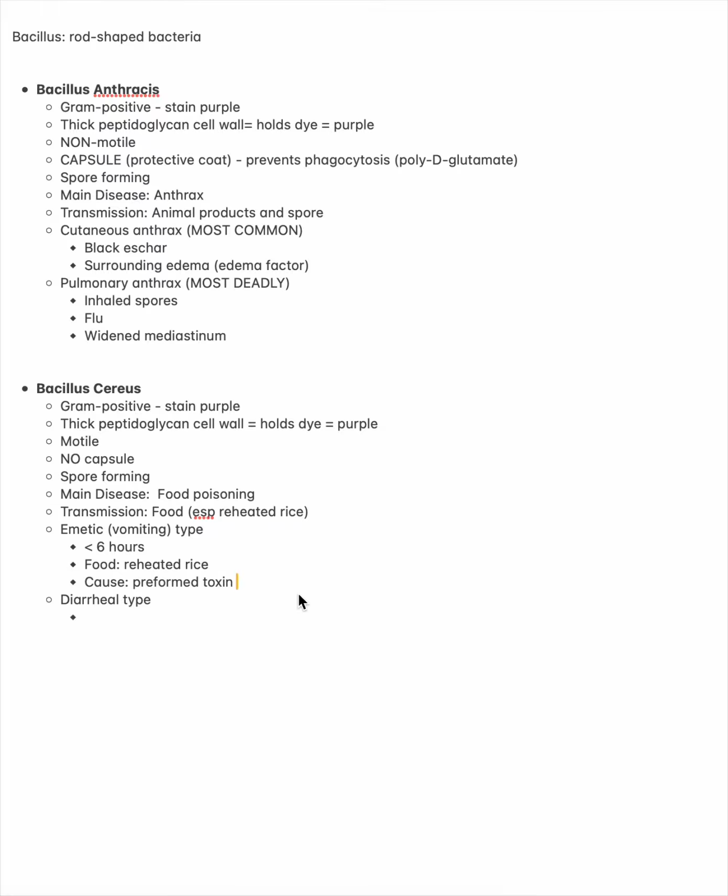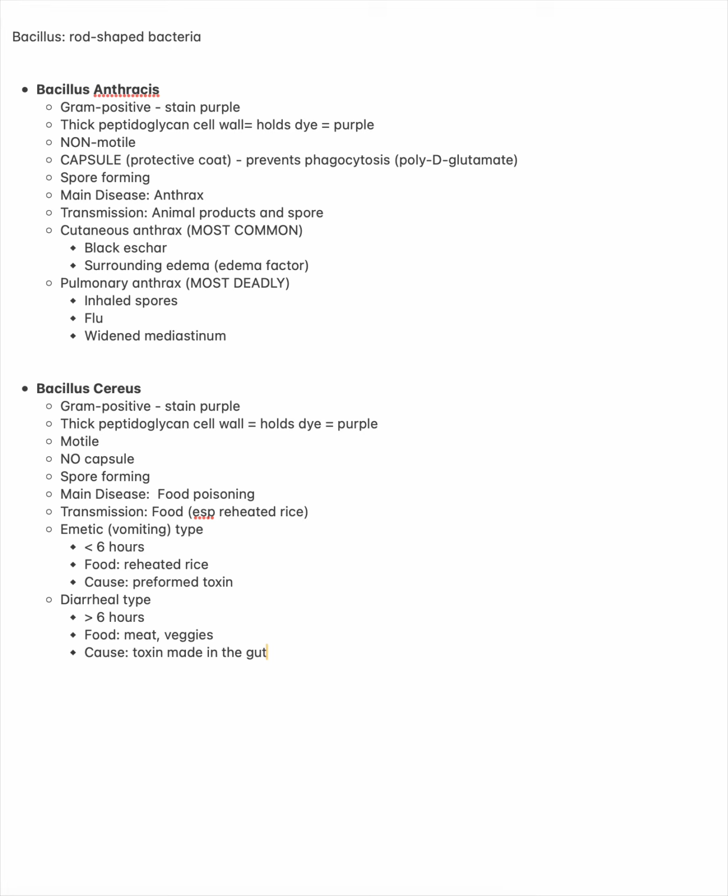We eat the reheated rice, and in under 6 hours, we're vomiting. The diarrheal type is a little bit slower, typically over 6 hours after eating. The food that can cause it is meat or veggies or things like that, and the cause in this one is actually toxin made in the gut.